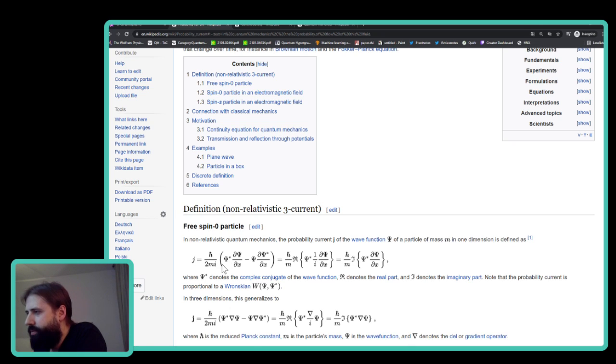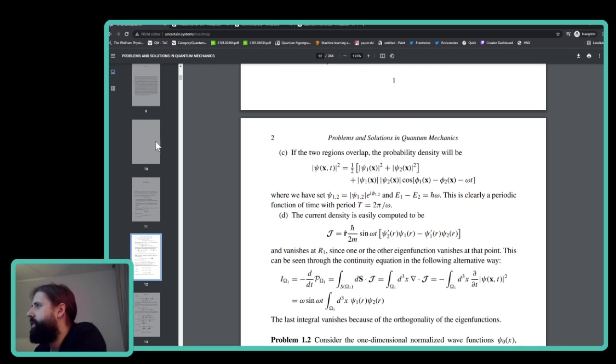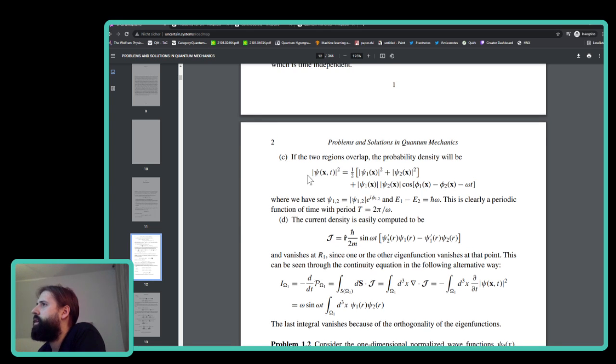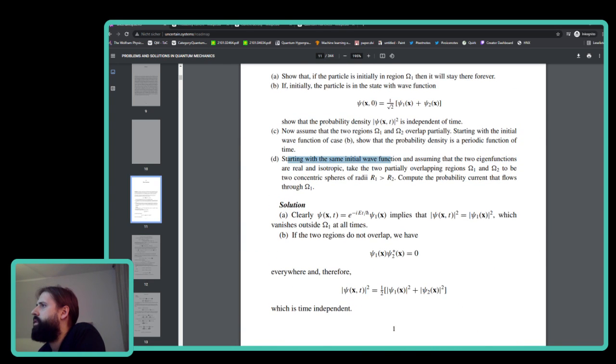Because where is that sine? Oh, unless we're saying starting with the same initial wave function, so that's the wave function. So that's the wave function, okay? Yeah, maybe this is just the result of how this has been elaborated. You know what I mean?